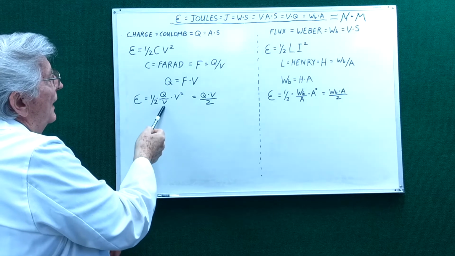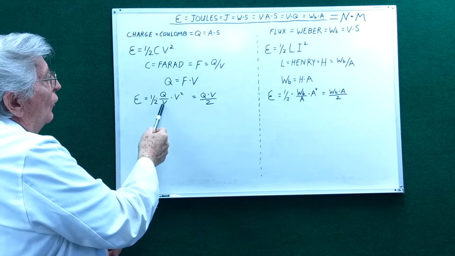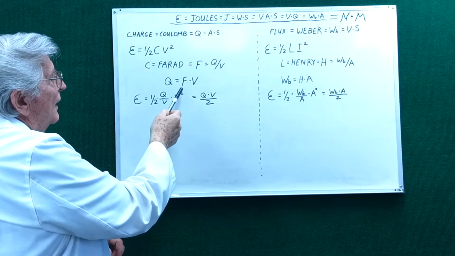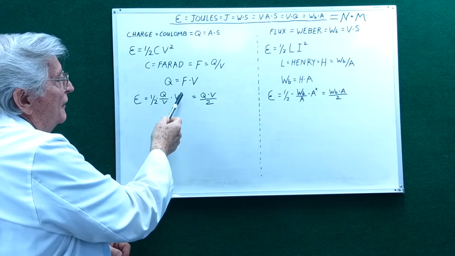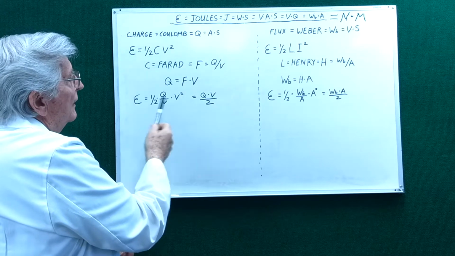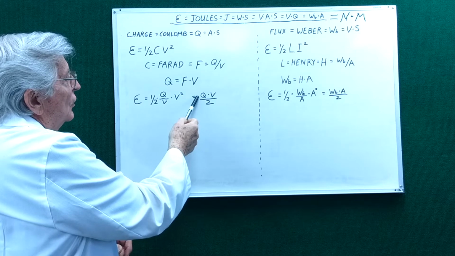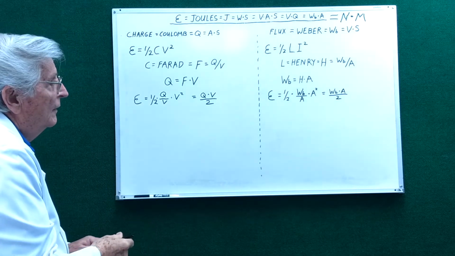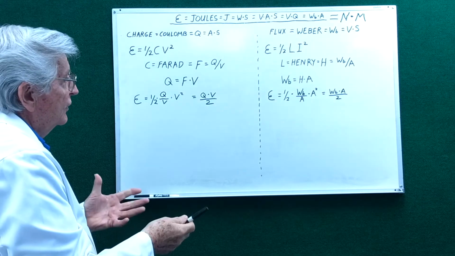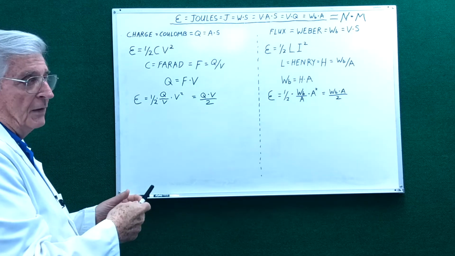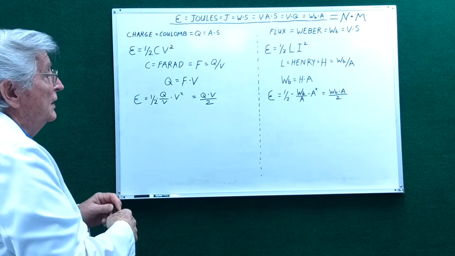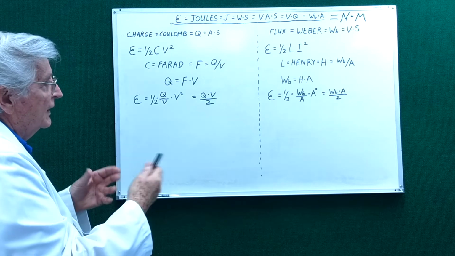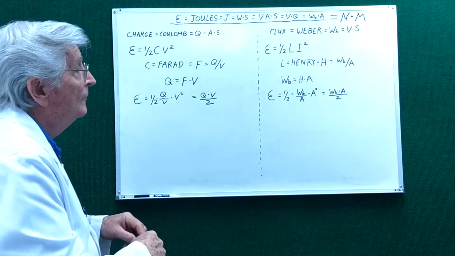And when we do that, the voltage cancels out one of the voltage squared here, and we get the energy is charge times voltage over 2. So it's not just the charge that determines the stored energy, but the voltage that that charge is at.